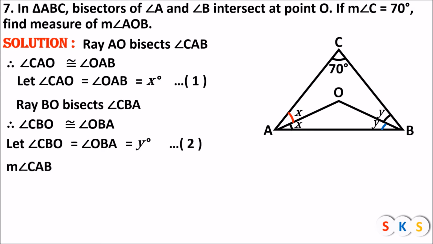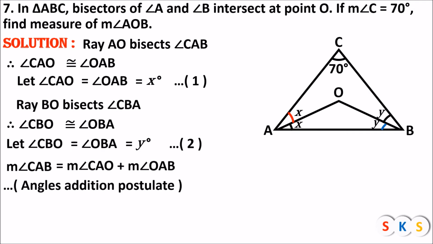Now here measure angle CAB. You can look at this figure. Here angle CAB is the sum of this angle, that is CAO, and angle OAB. Sum of these two angles will be CAB. So measure angle CAB equals to measure angle CAO plus measure angle OAB according to angle addition property.